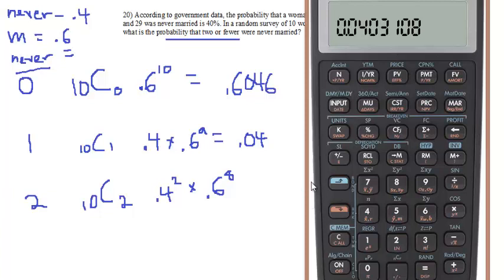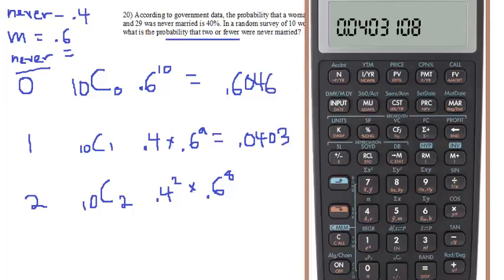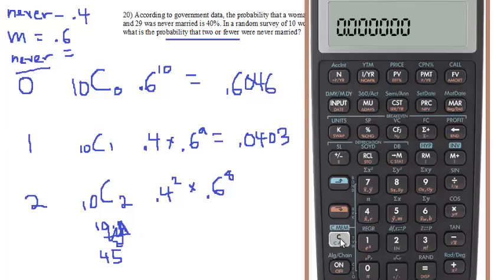So we'll say 0.0403, okay. Now let's try the last one, which is 10C2. First of all, 10C2 is 10 times 9 over 2 times 1. So 10 times 9 is 90, divided by 2 is 45. So we'll put a 45 over here. Then we will do 0.6 to the 8th power.